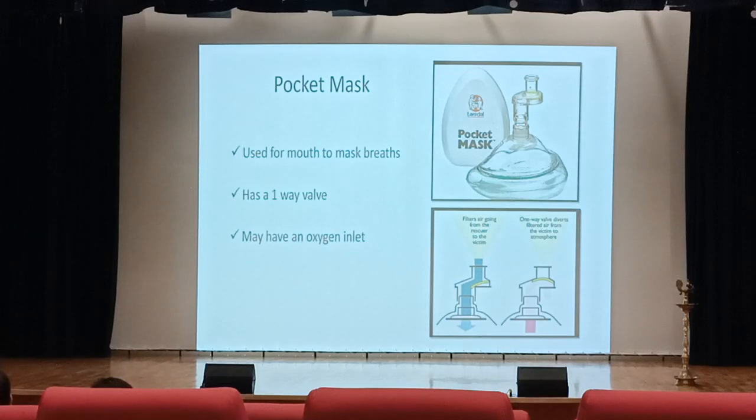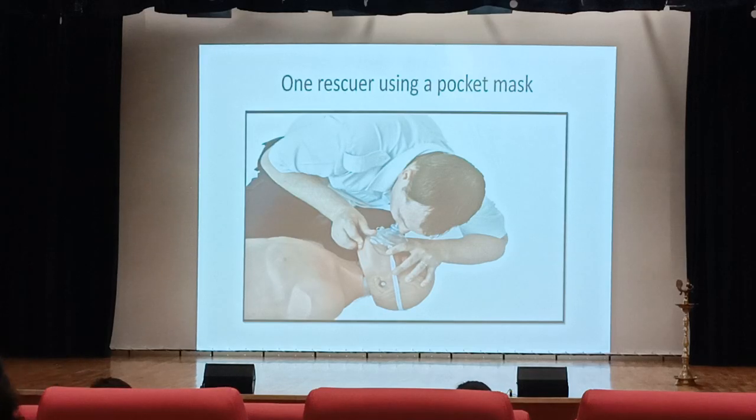This is available in the ACLS, BLS with a kit, and it can be used for mouth to mask breaths and has a one-way valve, and it may have an oxygen inlet also. So here we can see one rescuer who is using a pocket mask and is providing mask to mouth respiration.